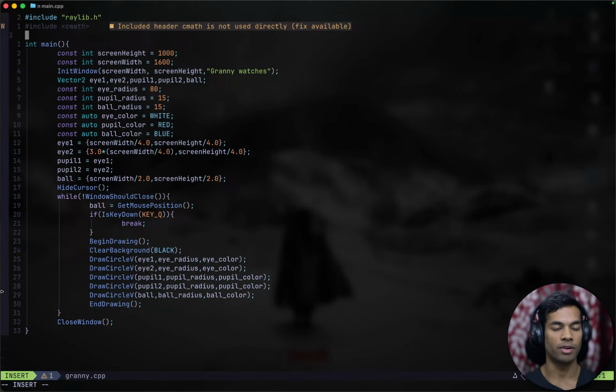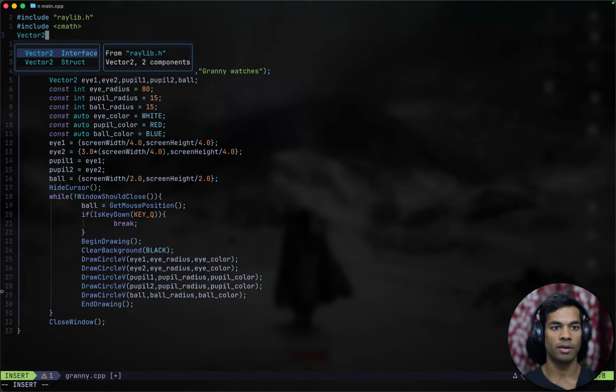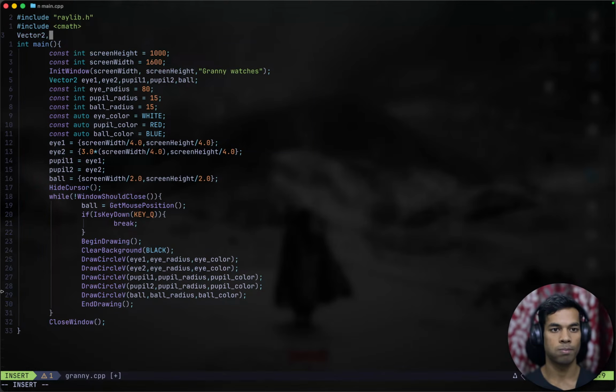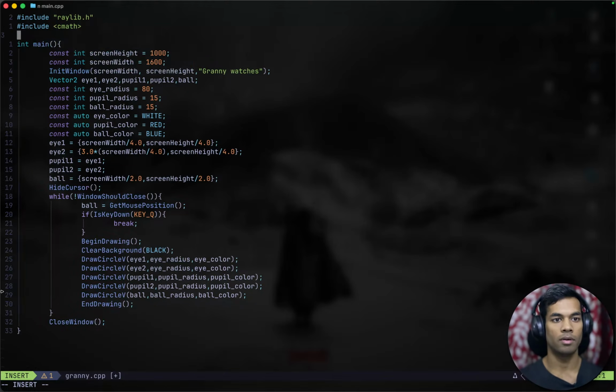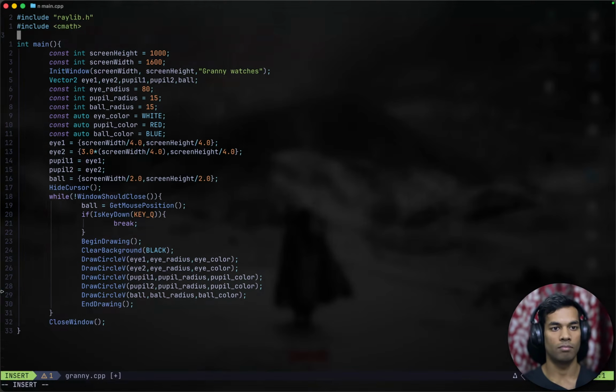We should write a function which will give us a vector 2 reference. No, this will not give us anything. Void.